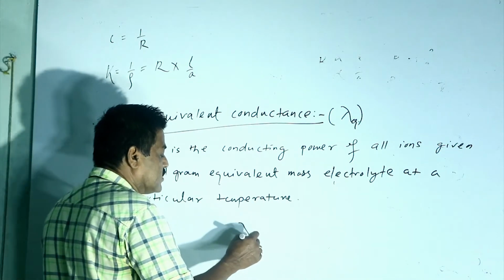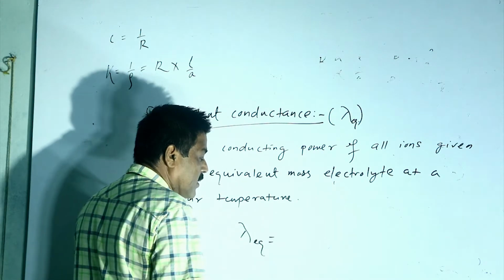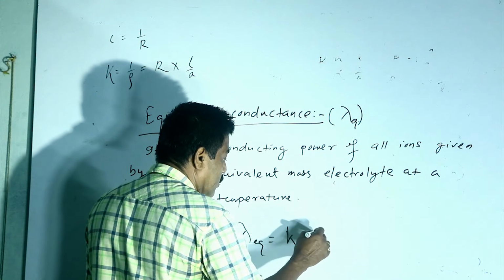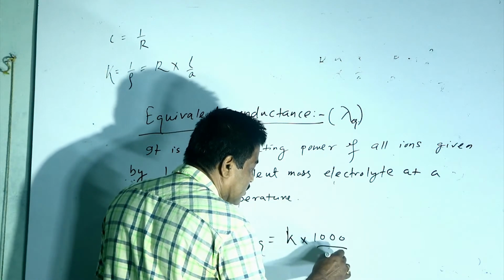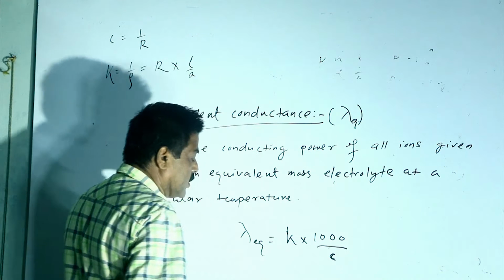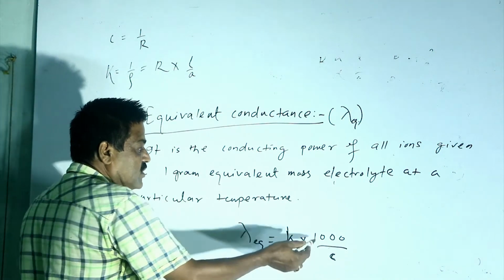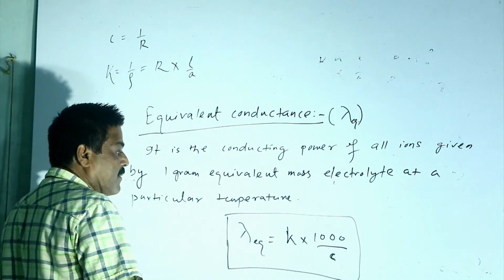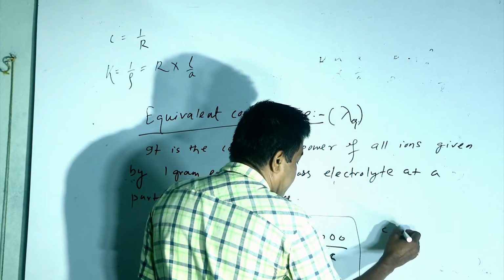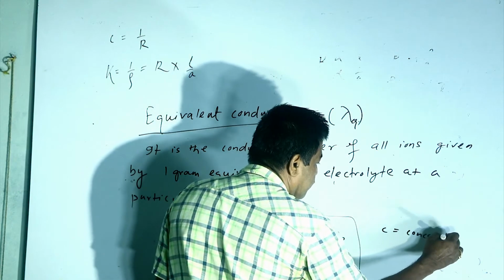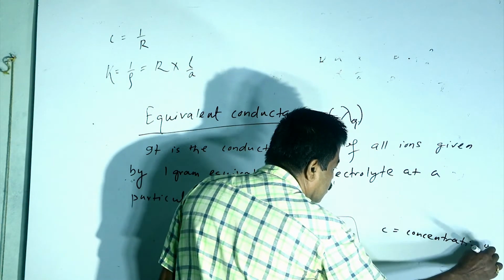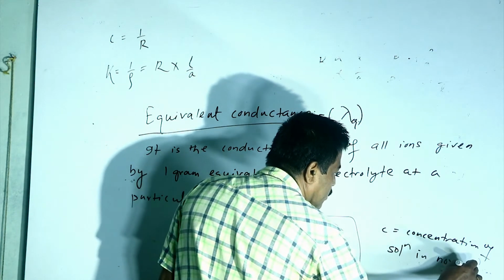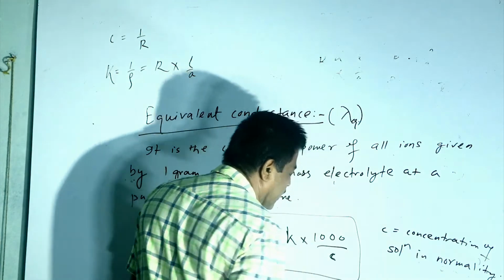This equivalent conductance lambda EQ is represented as kappa into 1000 by c, where kappa is the specific conductance and small c represents concentration of solution in normality, because normality is related to equivalent conductance.